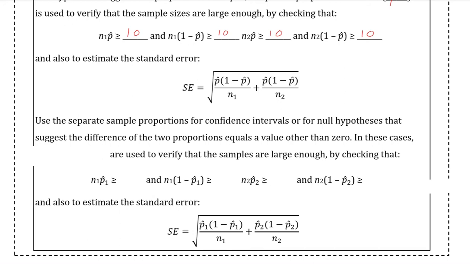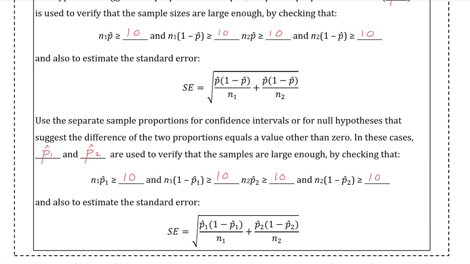In these cases, p hat sub 1 and p hat sub 2, the two proportions from your sample, are used to verify that the samples are large enough by checking that all these cases are greater than or equal to 10, and also to estimate the standard error.